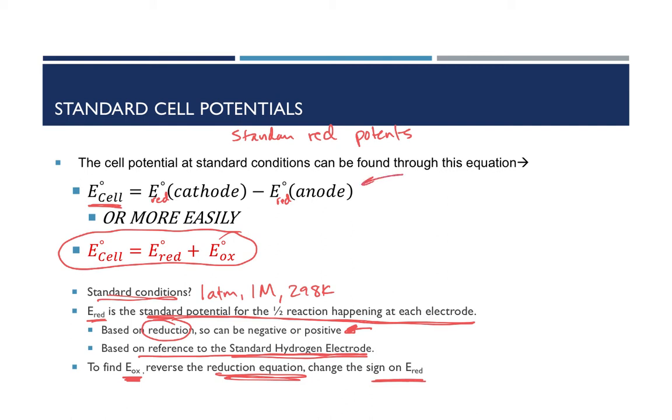People often have problems with the subtraction because they forget which order to subtract them in, what's the cathode, what's the anode. A lot easier is to figure out the reduction and find its reduction potential. Then find the reduction potential of the oxidation, flip the sign, and add them together.